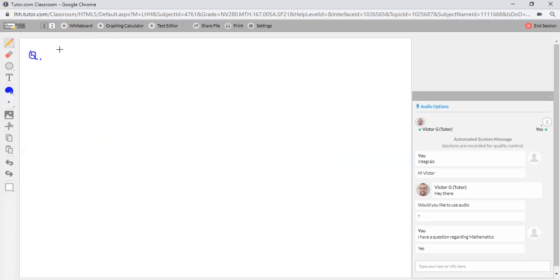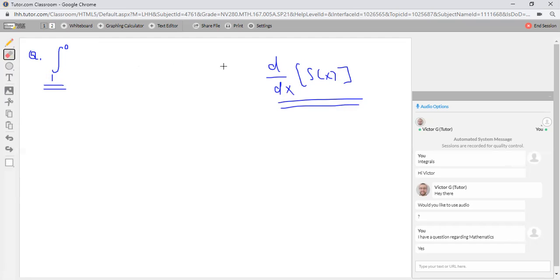Okay, so the question here is to find the antiderivative. And let me ask you this: when we use this notation, what do you say you are finding? Like, for instance, if I say d over dx of f of x, I verbally say that I'm finding the derivative. But when you use this notation, what do you say you are finding?